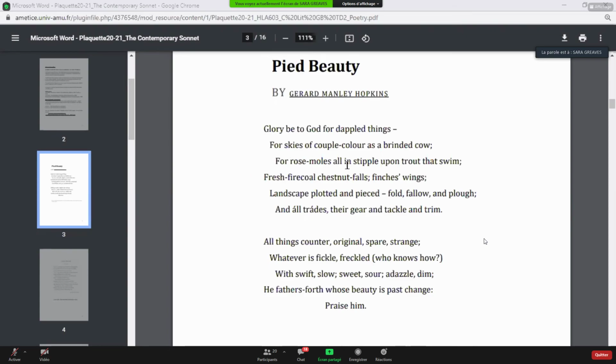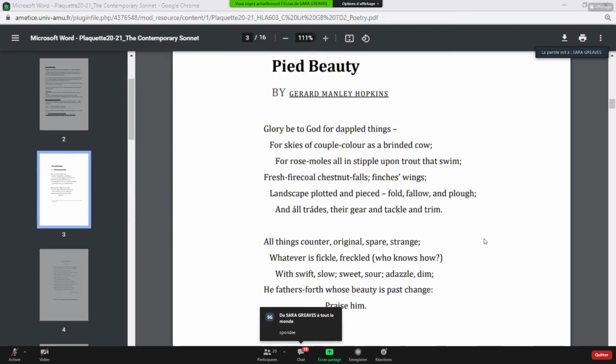Now here we have 3 strong syllables, the same as all trades. Instead of the alternating stressed and unstressed, you've got 2 or 3 strong stresses. So a spondee there for rose, that would be an iamb, and then moles all a spondee, which is a foot with 2 strong stresses.